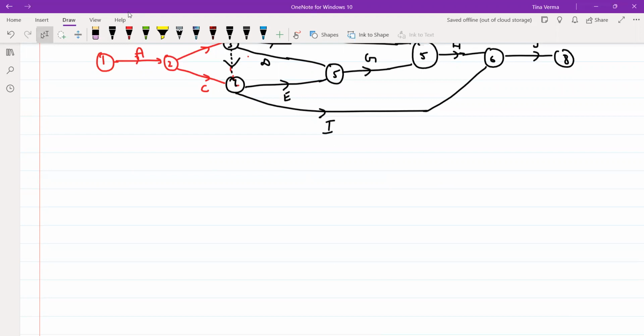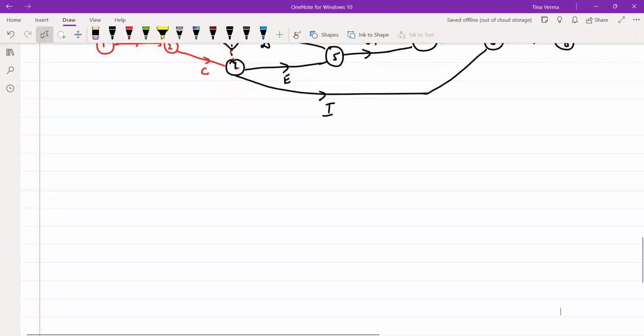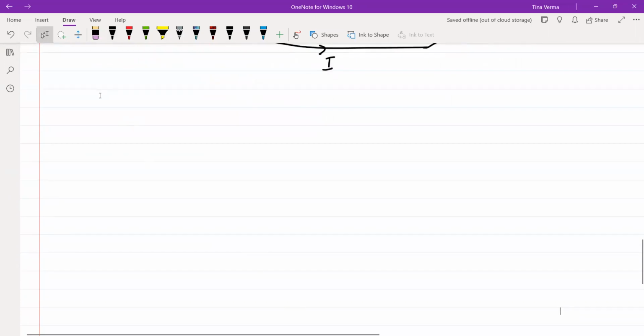Next, the second question given to you was related to the transportation and assignment problem. The question says you have three jobs and four machines.